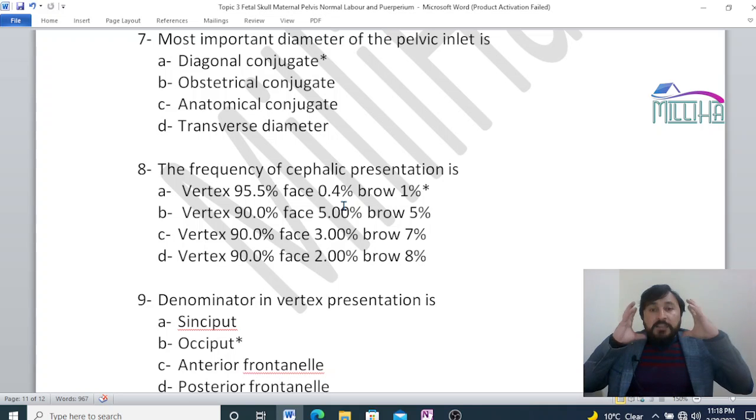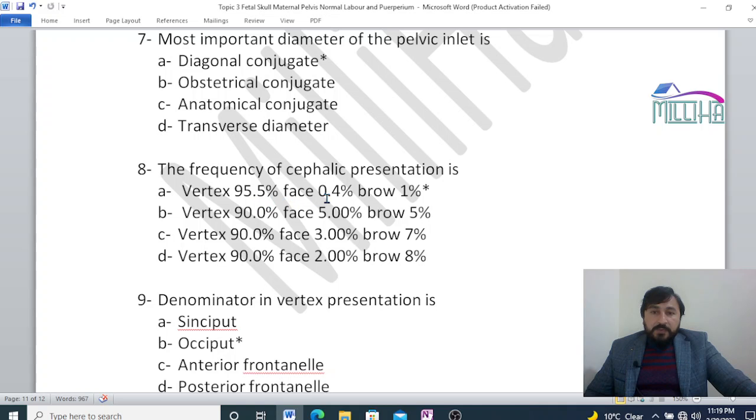For example, cephalic is the presentation, that means the head is going to deliver first. Vertex is the presenting part of the head. Then a part of the vertex is the occiput, so occiput is the denominator.